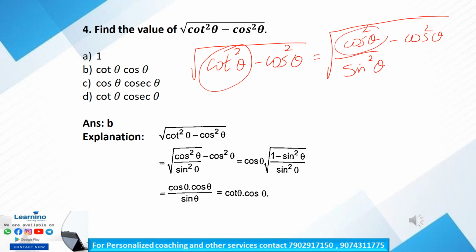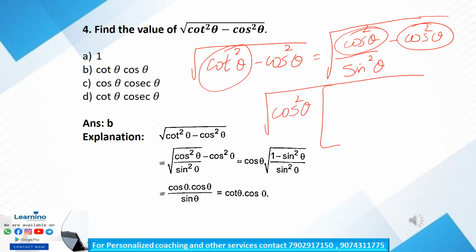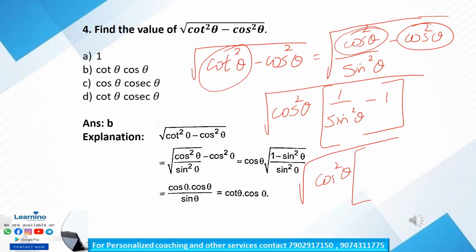Cos square theta is common in the first term and second term. So taking cos square theta common, we can write cos square theta into 1 by sine square theta minus 1, isn't it? So root of cos square theta into 1 minus sine square theta by sine square theta.